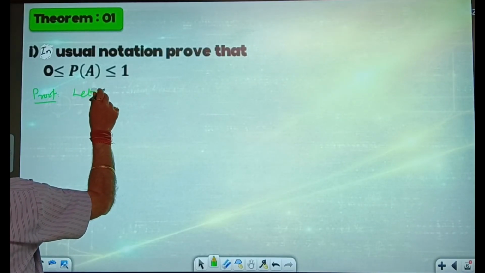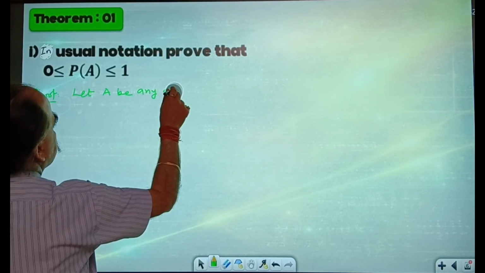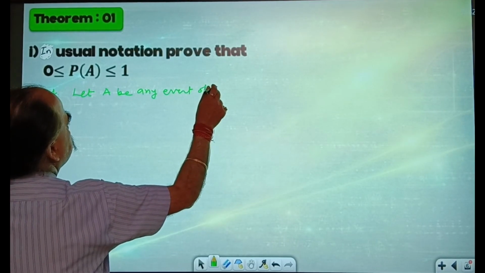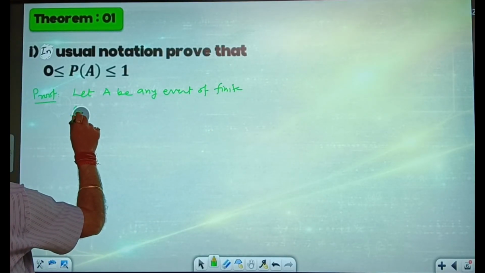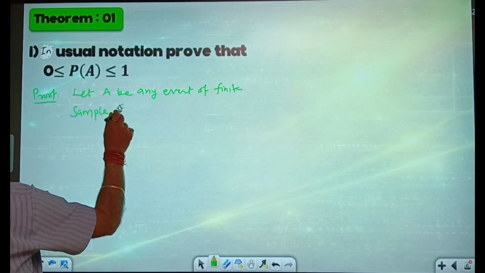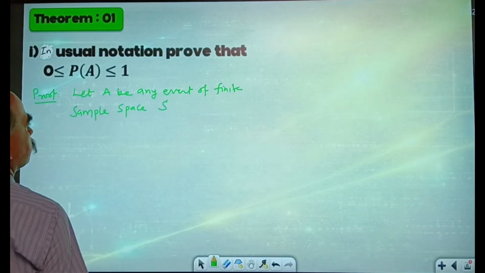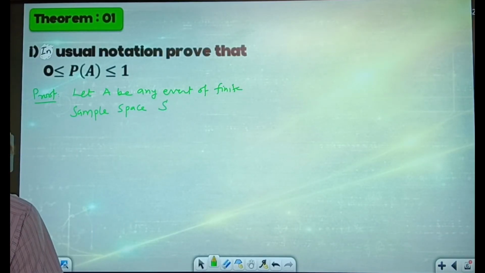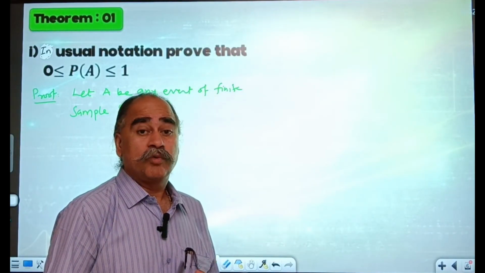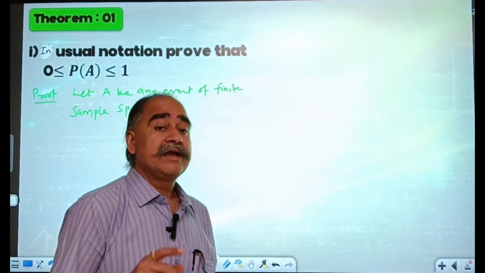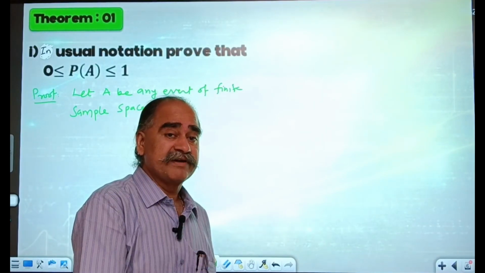Let A be any event of finite sample space S. A is any event of finite sample space S. So what does it mean about A? A will be between the impossible event and the certain event.